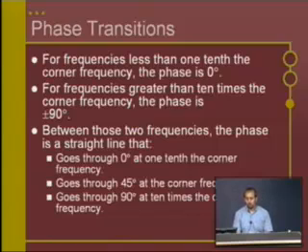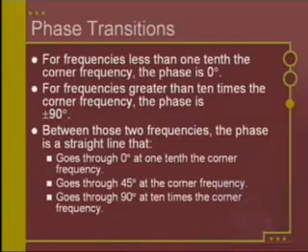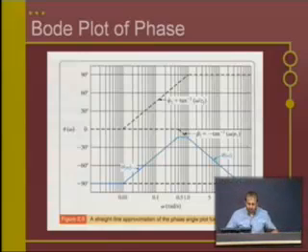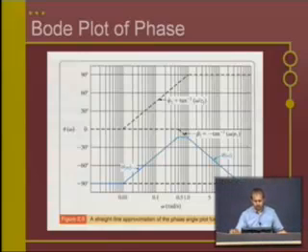And between the two frequencies, specifically at 1/10 the corner frequency, it goes through 0 degrees, at 45 degrees at the corner frequency itself, and then 90 degrees at 10 times the corner frequency. So it's kind of piecewise as it makes the switch. And here's what the example looks like, the same transfer function.